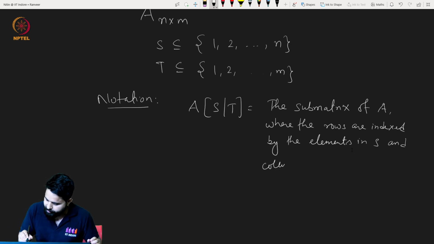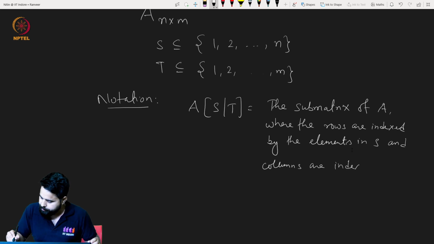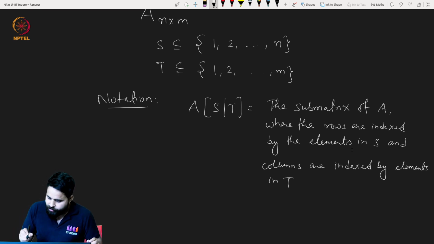And similarly, the columns are indexed by the elements in T. Very good.